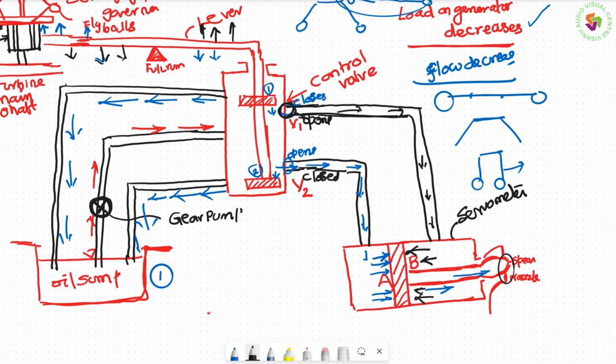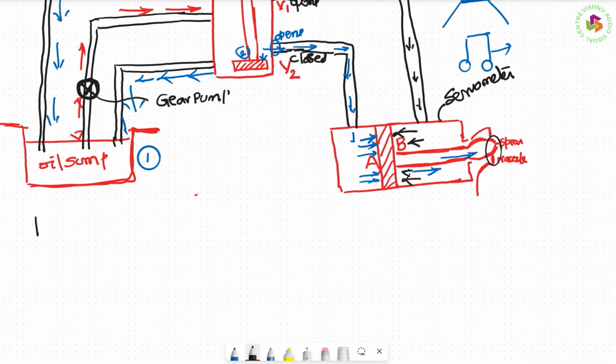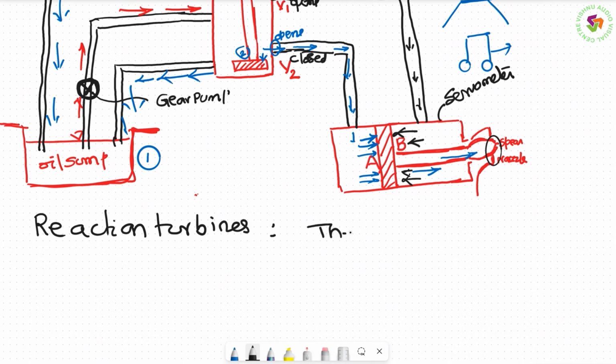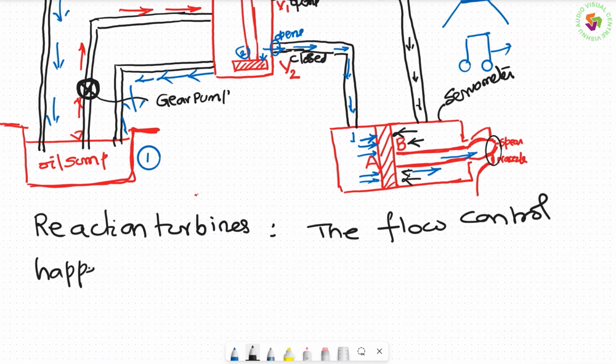The flow is controlled at the guide blade mechanism in the case of reaction turbines. So in the case of reaction turbines, the flow control happens at the guide blade mechanism.